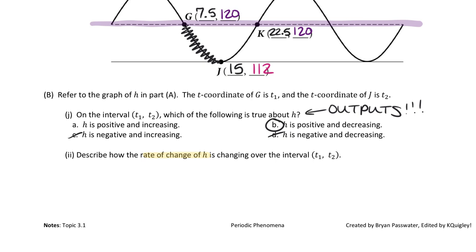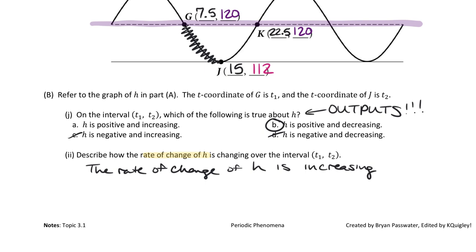So now we just have to formulate our sentence. I know it's been a minute since you thought about this sentence, but the whole thing is in the question. Repeat the question. It says describe how the rate of change is changing. So you say the rate of change of H is increasing. Boom. That was the first half of the sentence because it gave it all to me.